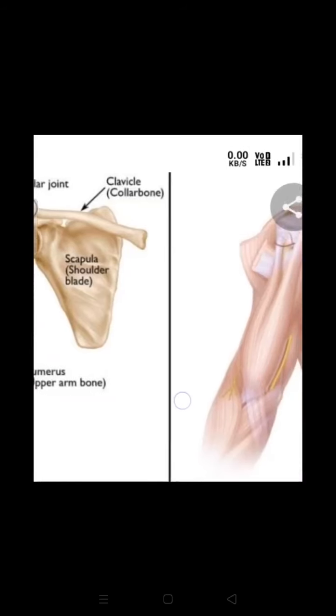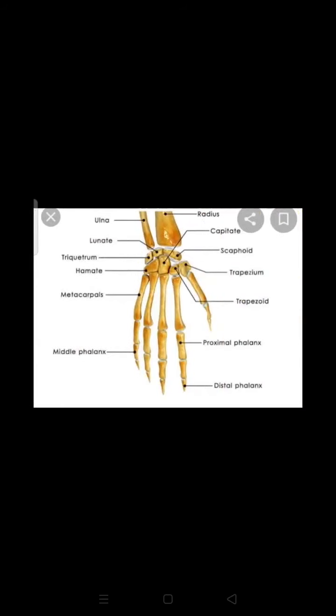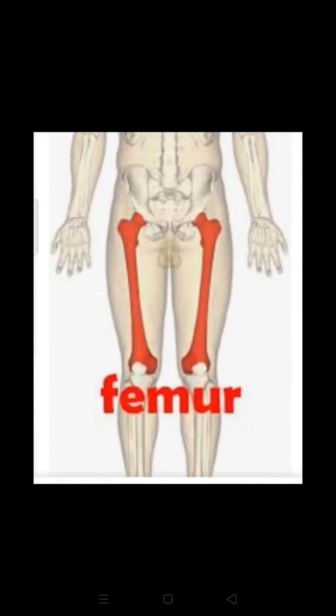Many small bones form our wrist, palm, and fingers. The femur is the longest bone in our body. It bears the entire weight of our body.